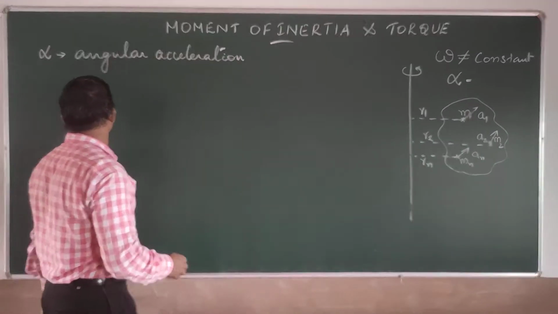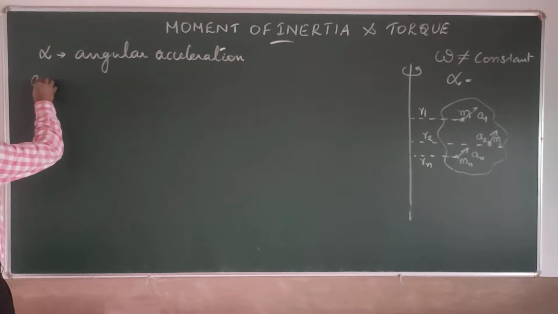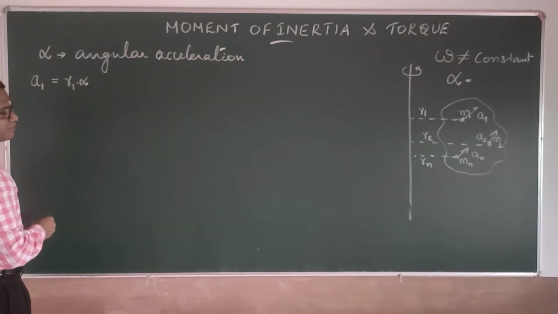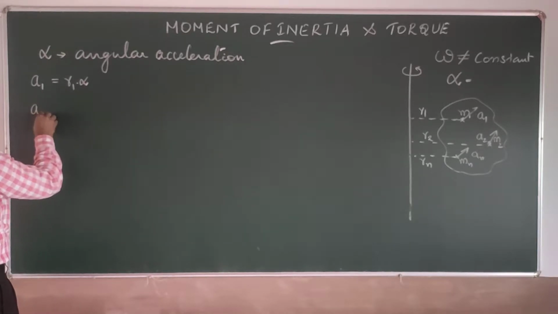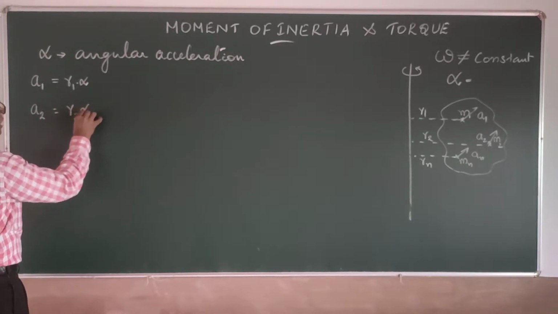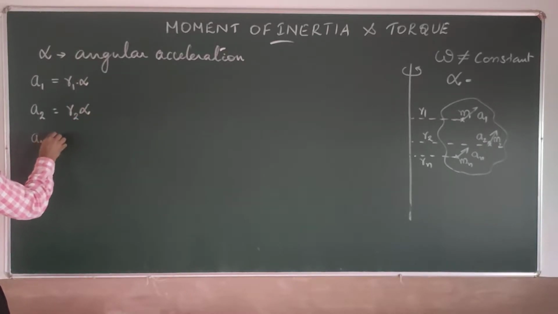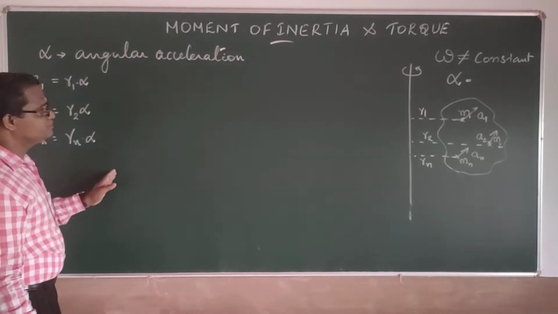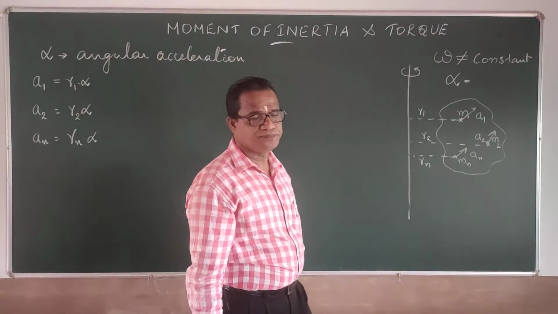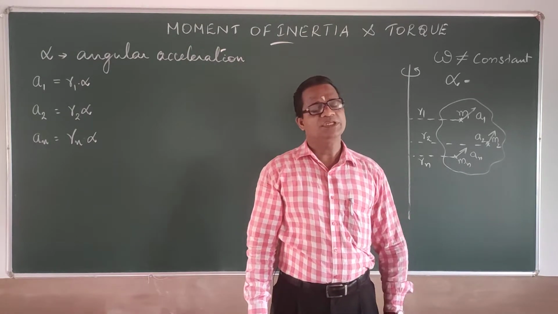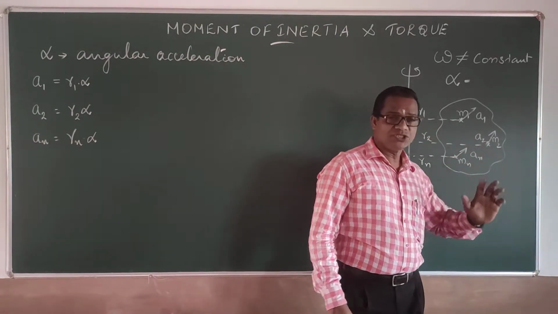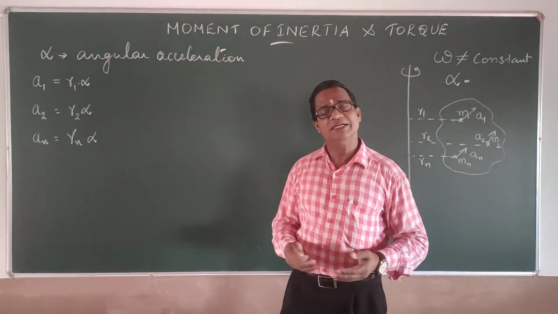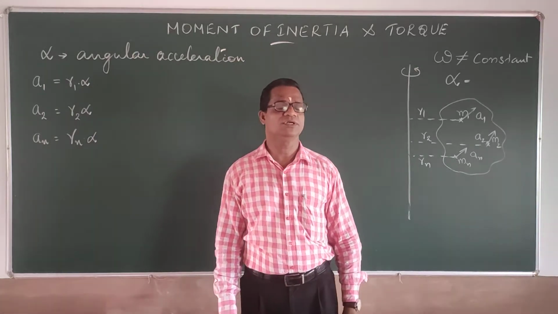That means A1 equals R1 into alpha, A2 equals R2 into alpha, like that An equals Rn into alpha. Alpha is constant, so each mass particle's angular acceleration is constant, but their individual tangential accelerations will be different.